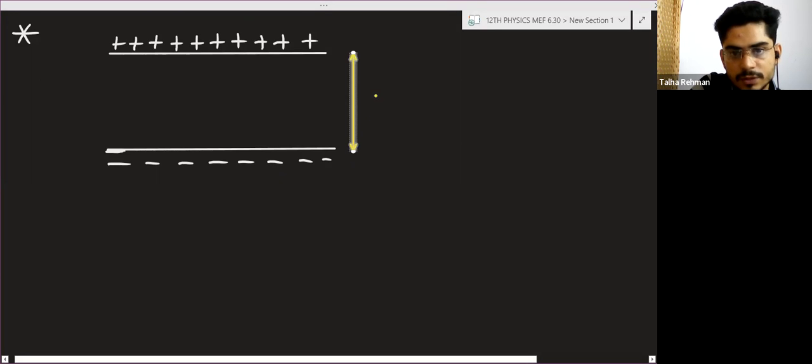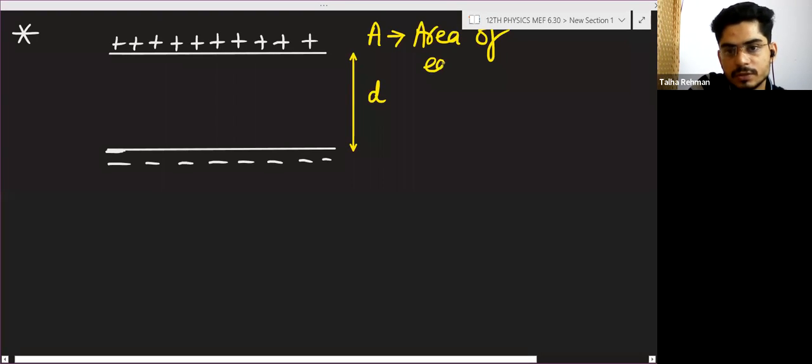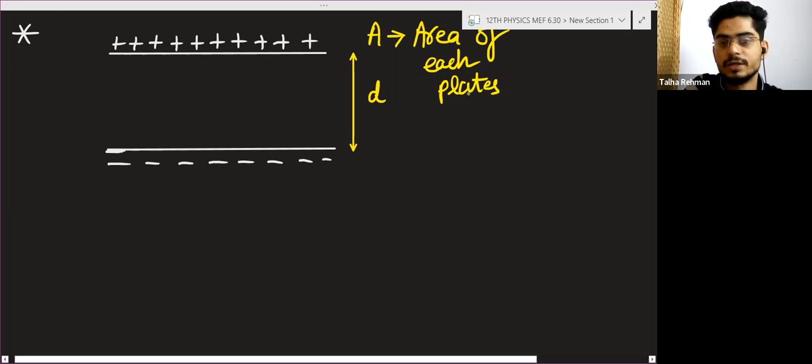Okay, this distance is d, and A is the area of each plate. These two plates have equal area.